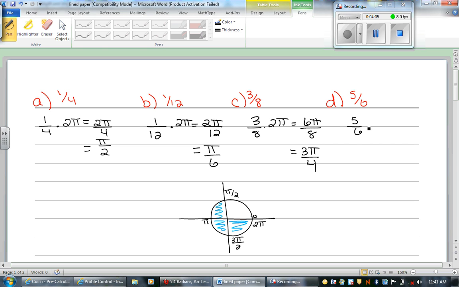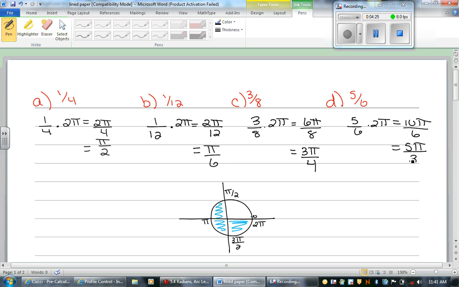And 5/6 is going to give us 10 pi over 6, or 5 pi over 3.